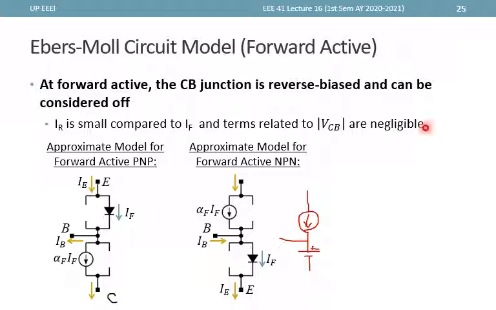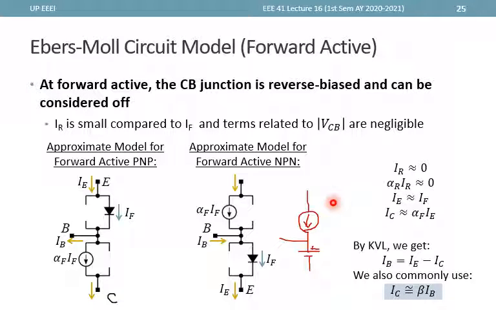Which should be familiar as we have used this in our BJT circuit analysis. But instead of writing it as alpha F IF, we write it as beta IB, where in this case, IF is now approximately IE, since this one is open. And IC is approximately alpha F IF, since this one is open.